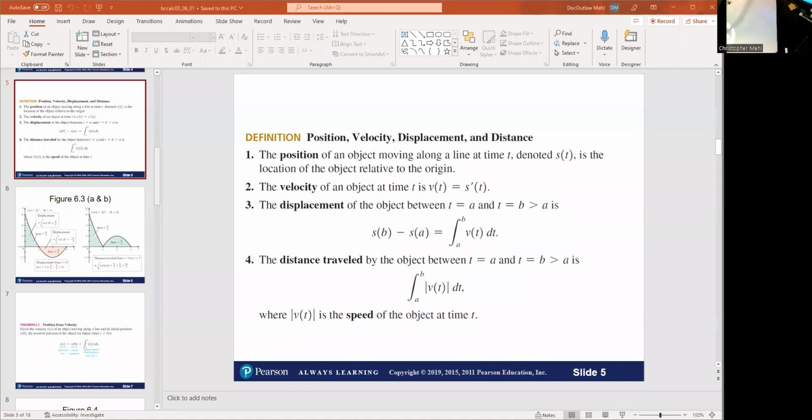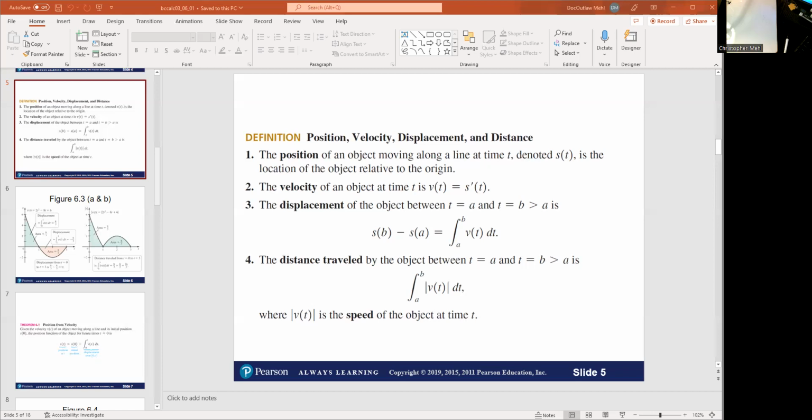Now, going back to the definition, we note that to find the displacement of an object, I don't need to know where it started. I didn't need to know where my object started to find the displacement between t equals A and t equals B. For example, whether an object moves from s equals -20 to s equals -10, or from s equals 50 to s equals 60, the displacement is the same.